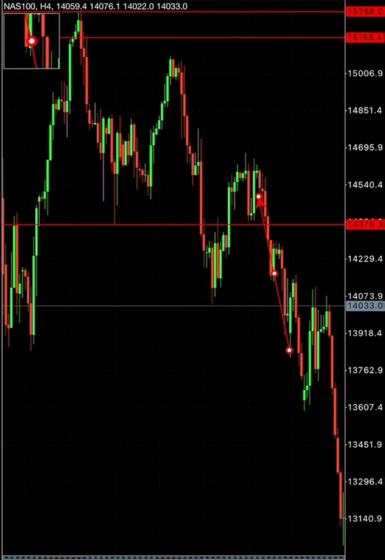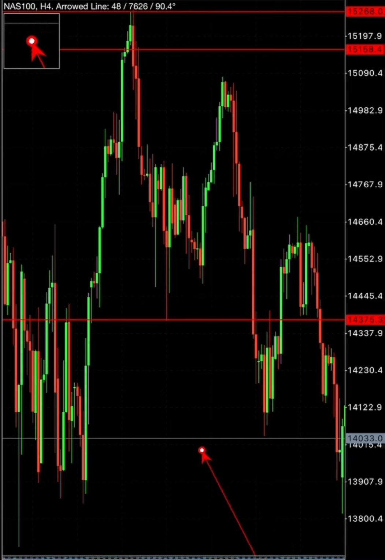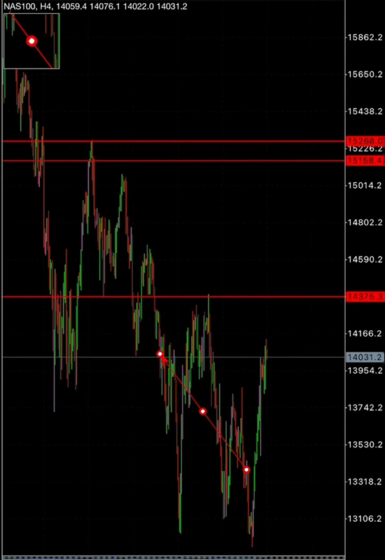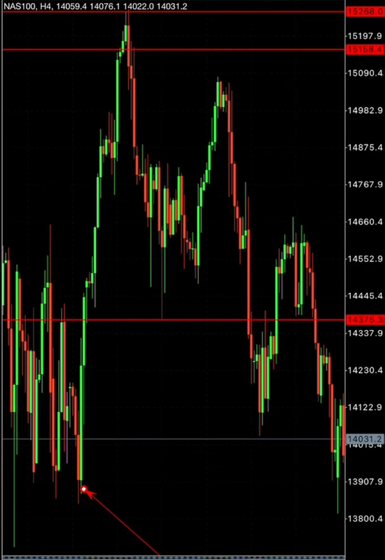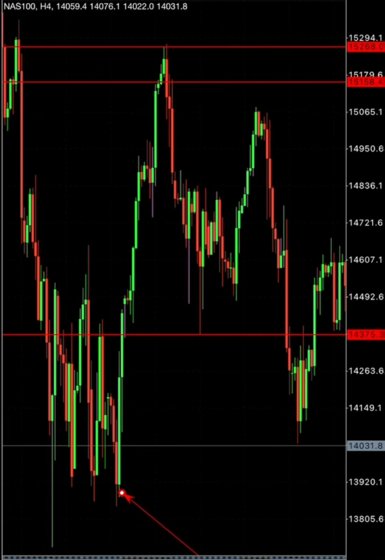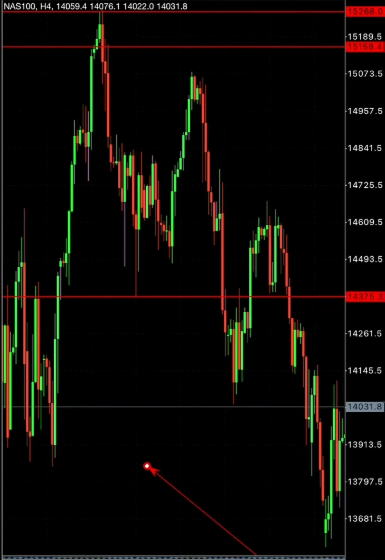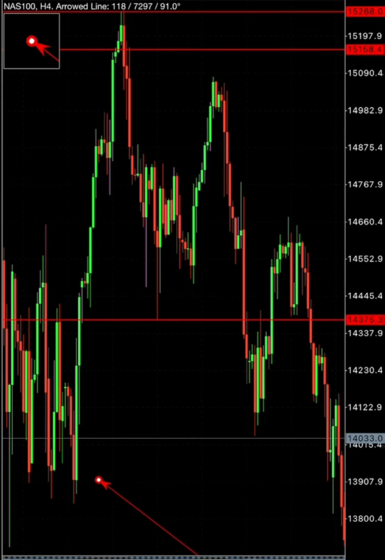Then you could take your profits here or wherever you want. But I advise, if you don't have proper analysis of the market, take your profit below the previous support.